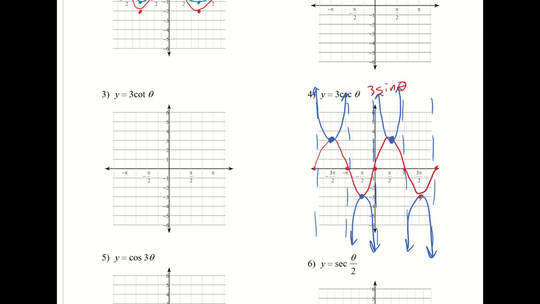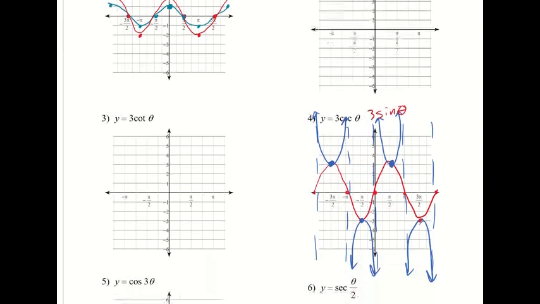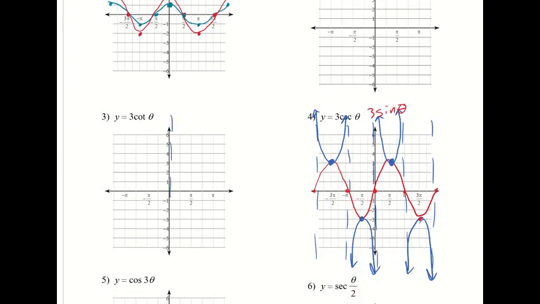It's going to be very similar to graphing one of our cubic functions. So here, let's look at this cotangent one. Cotangent of theta is cosine of theta divided by sine of theta, so it's going to have asymptotes wherever sine of theta is equal to 0, which is all of our whole number pi's.